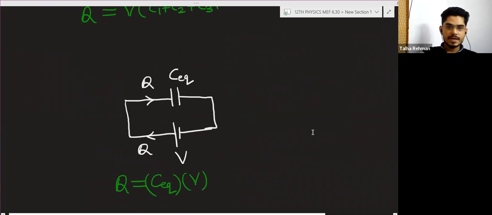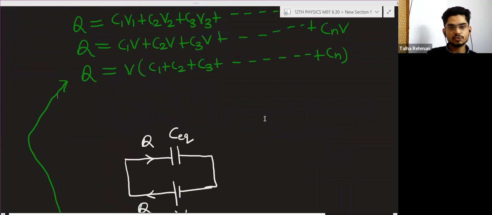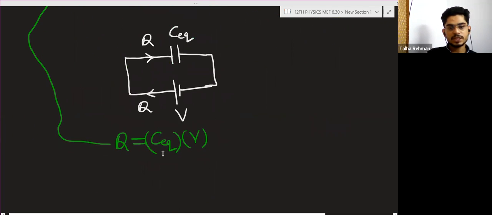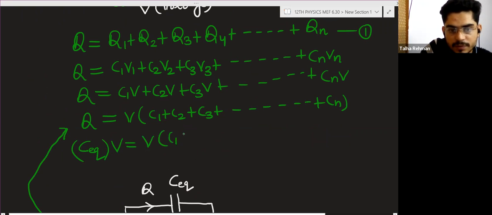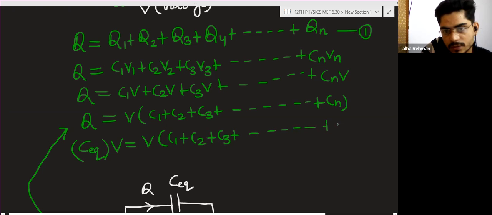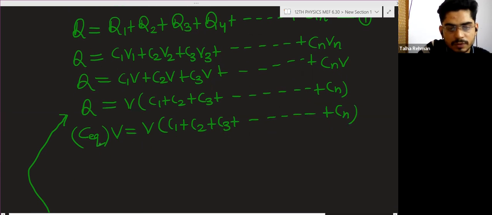Instead of this Q, I can write C equivalent into V, and this will equal V times C1 plus C2 plus C3 plus and so on plus Cn. So this V and V will cancel out.